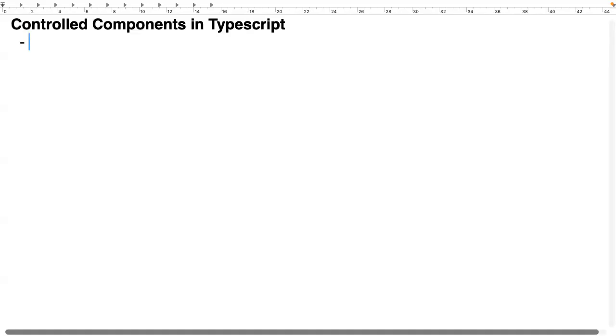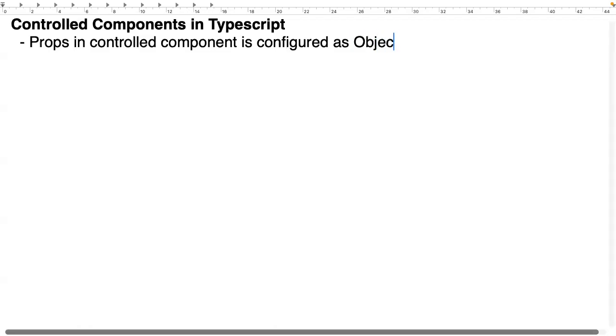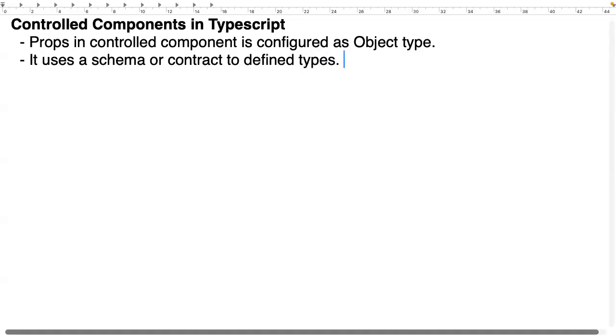Just the concept here is that props in a controlled component is configured as an object type. It uses a schema or contract to define types. You can use a contract also.